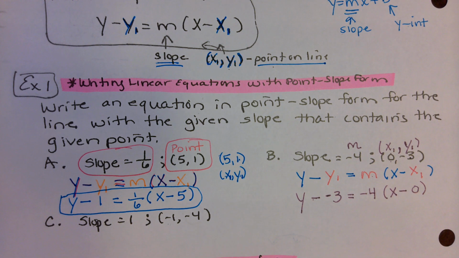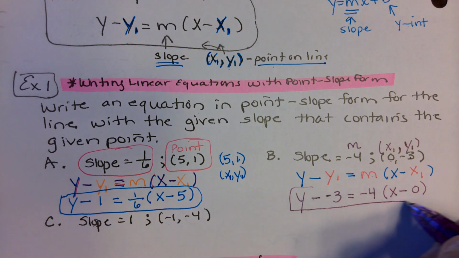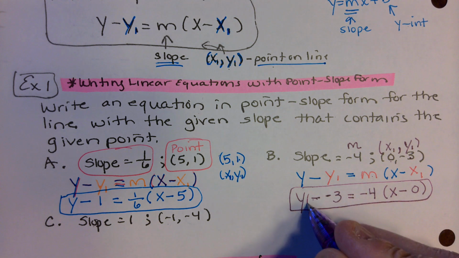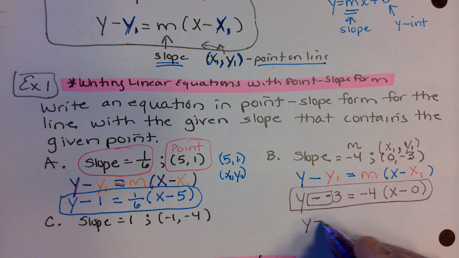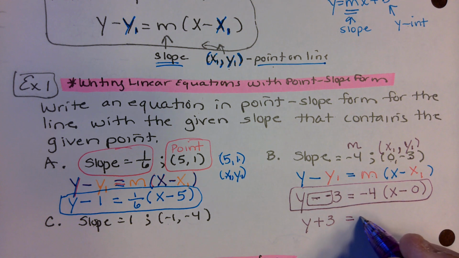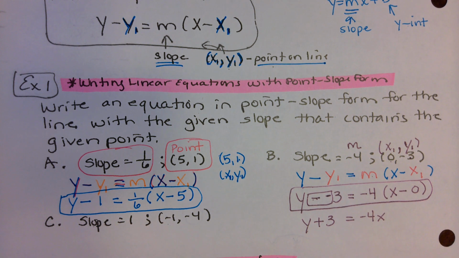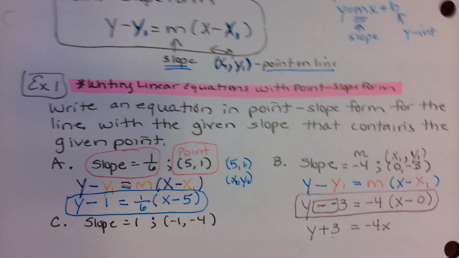Now, I'm going to show you how you can break that down a little bit more, but I would be fine if you leave it just like that. Could you look and say subtracting a negative is the same as adding 3? Of course. And could you say x minus 0 is just x? Yes. So I would accept it if you broke it down, but you can leave it just like that. It's fine. Okay, I want you to try this all on your own now.